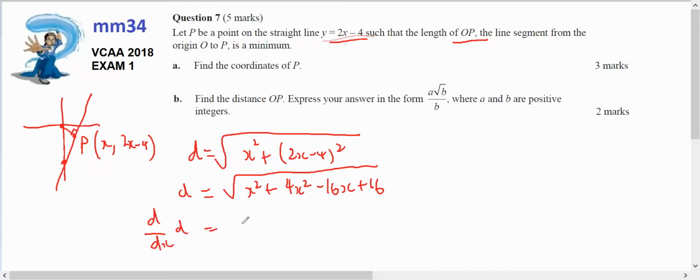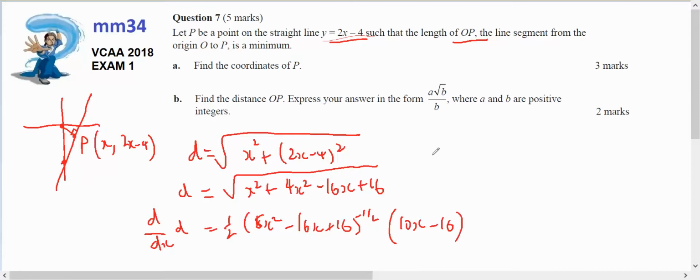dd/dx is going to be a half, 5x squared minus 16x plus 16 to the negative a half, then times the derivative of the inside, which will be 10x minus 16.